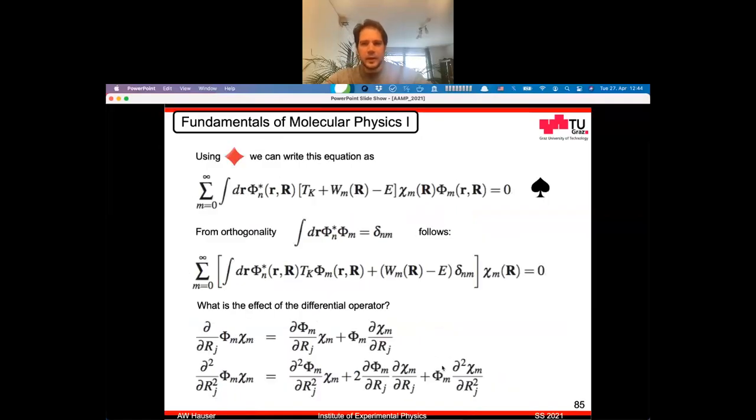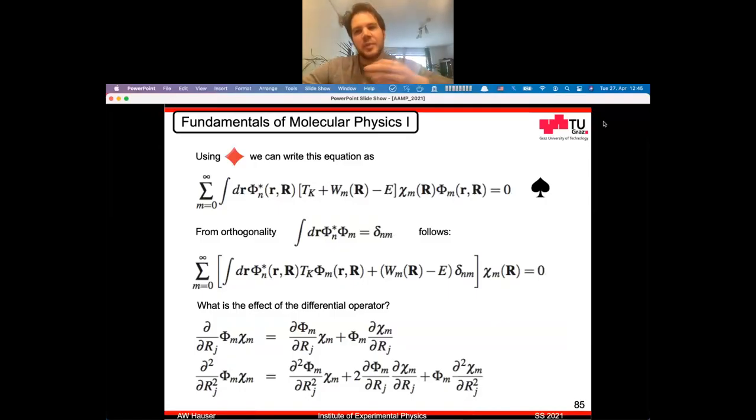And we take now advantage of our solution, which we obtained for the electronic part of the Schrödinger equation. On the previous slide, I said we have already solved the electronic problem of the Schrödinger equation for fixed geometry.